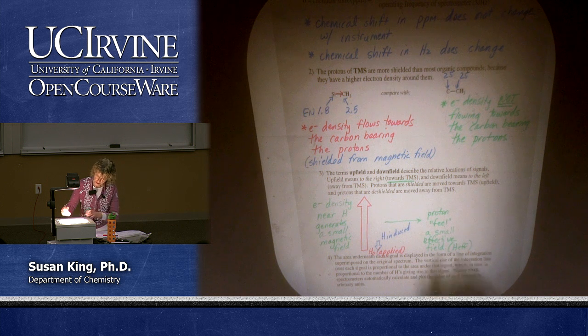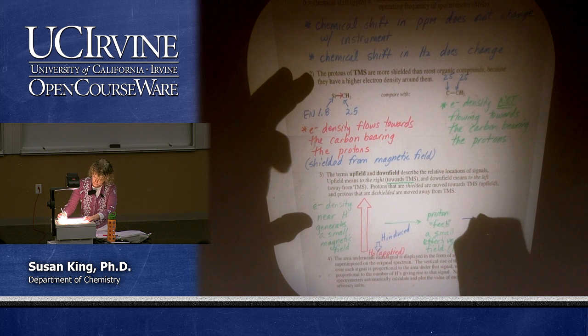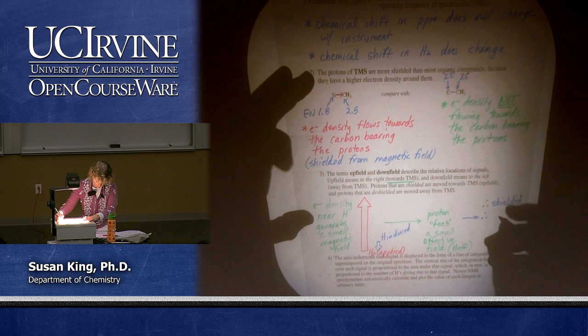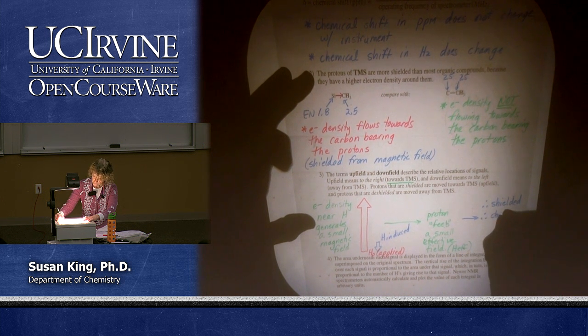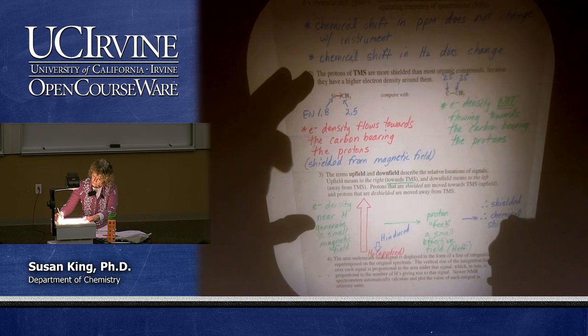So the proton feels a smaller effective field. That means it's partially shielded from the full strength of the magnetic field, right? So that's our fur coat. Shielded. And if it's shielded, chemical shift moves upfield, which is towards TMS.